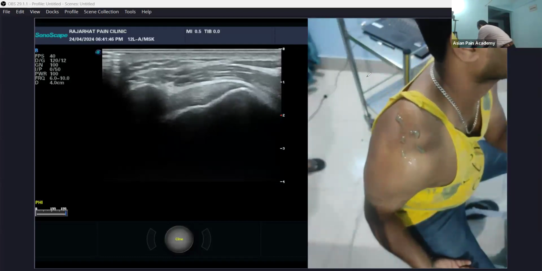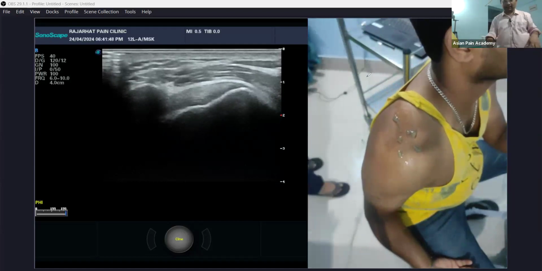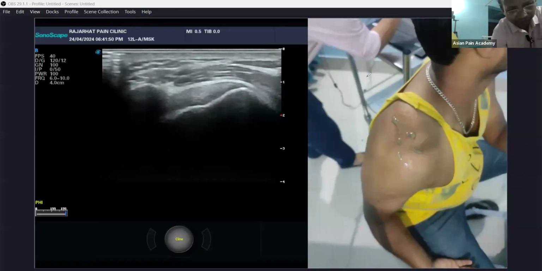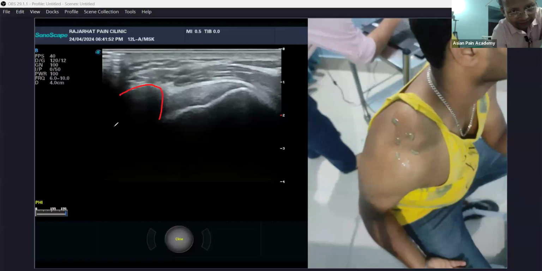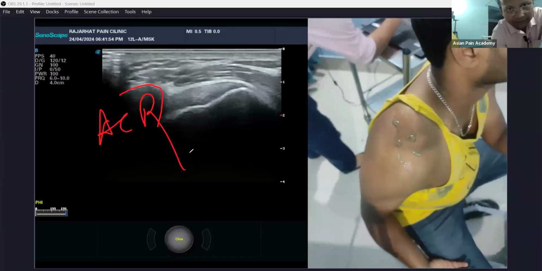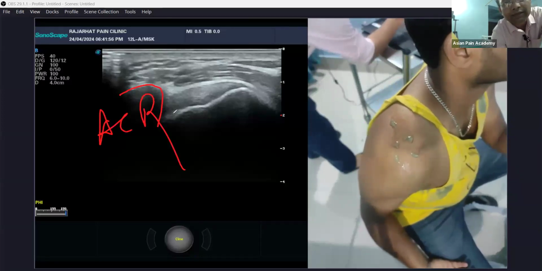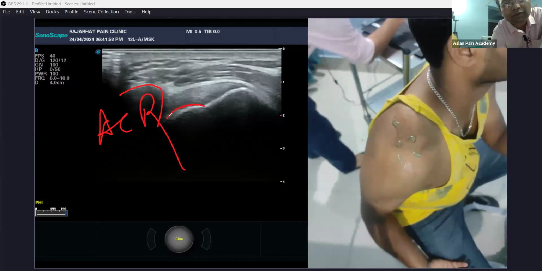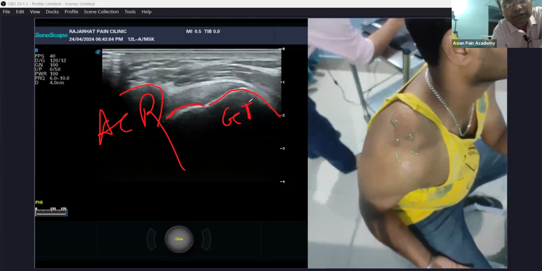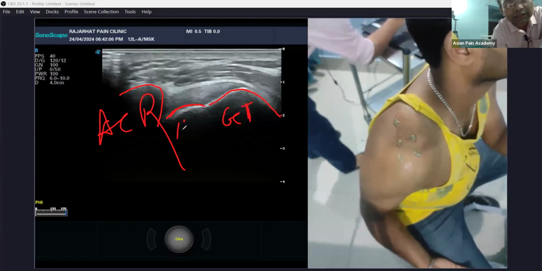So here, as you can understand, this is the acromion, and this is the humerus, but it is two parts. Okay, so this is the greater tuberosity, and this is actually the head. This part is the neck.